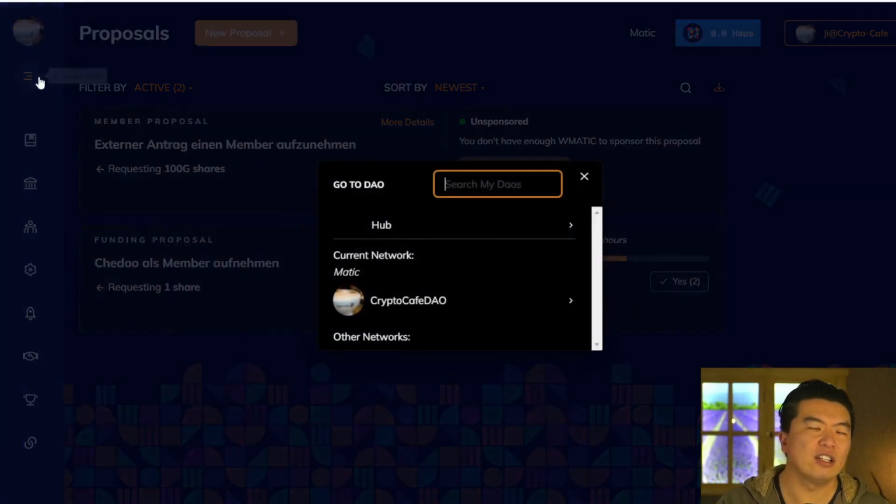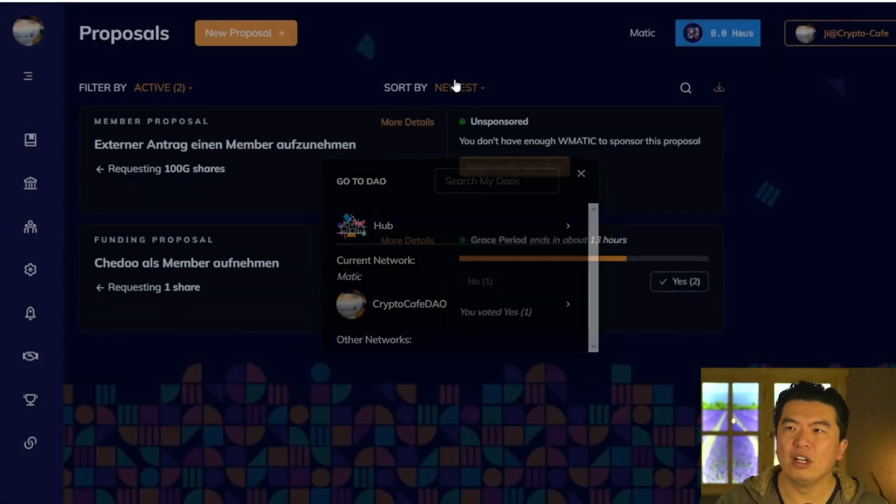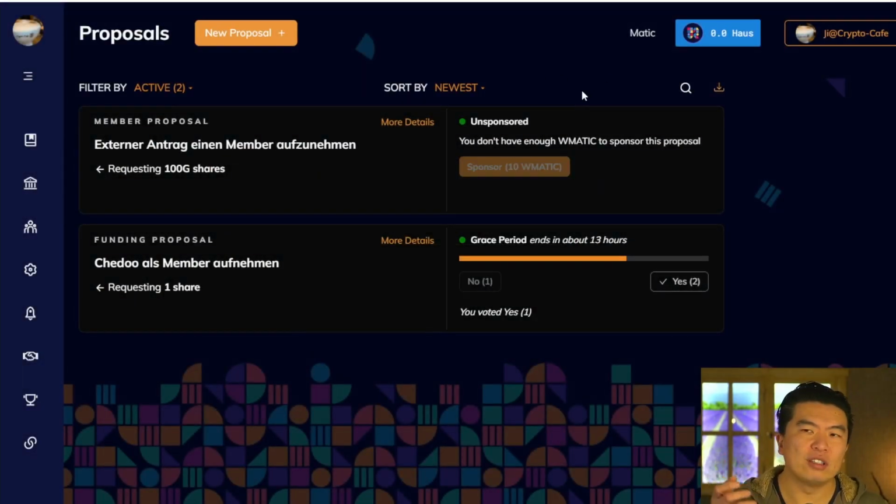DAOHAUS, as I said, is a little bit different from the traditional model, where the value of each token is not necessarily static or stable, compared to what DAOHAUS offers, right? I mean, as long as the treasury of the DAO doesn't do anything, every share of the DAO always has the same value.